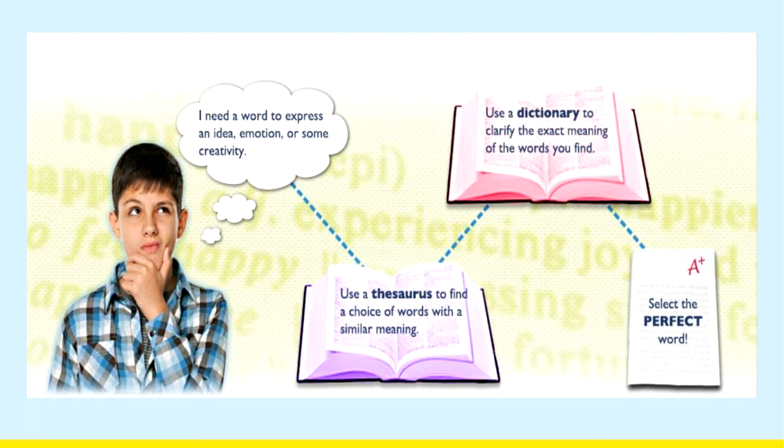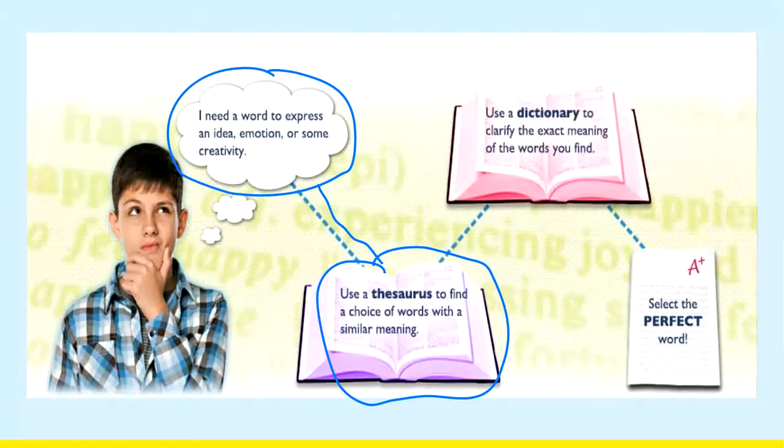And then this is at the end of the lesson how it's summarized. So the young man says, I need a word to express an idea, emotion, or some creativity, because we want to make sure we're using high-level words. So some of the options that he has, you can use a thesaurus to find a choice of words with a similar meaning.